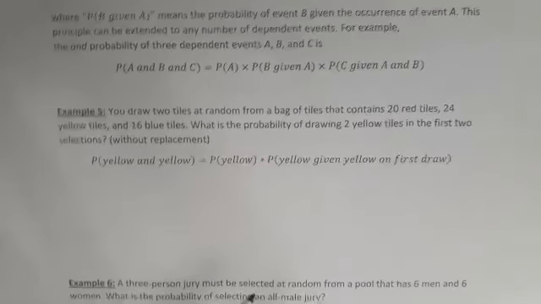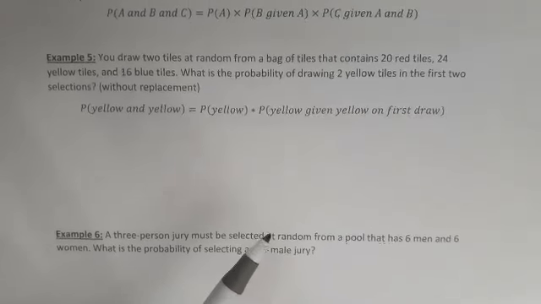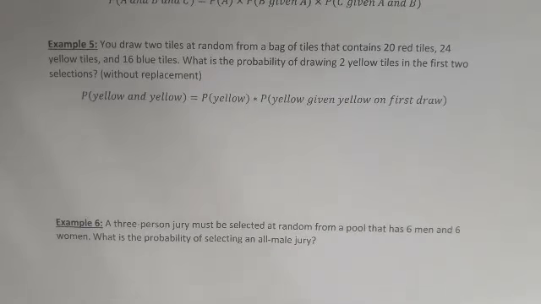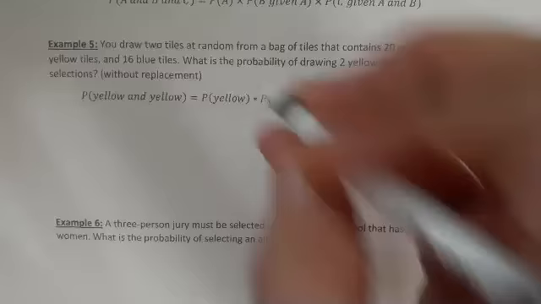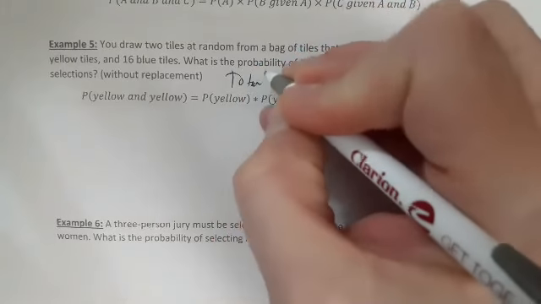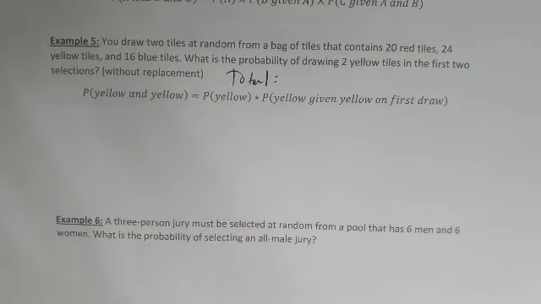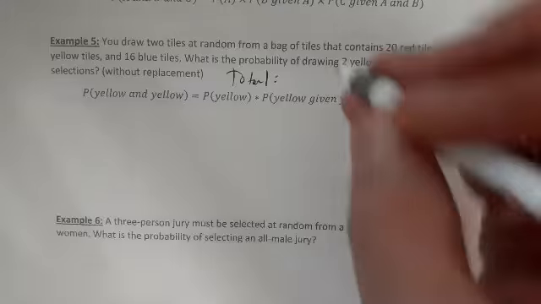And so I want to give an example, and I got a bag of tiles that I'm drawing from, example 5. So if I draw 2 tiles at random from my bag that contains 20 red tiles, 24 yellow tiles, and 16 blue tiles, my total tiles here, there are 60 tiles.